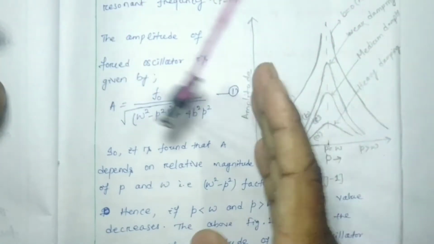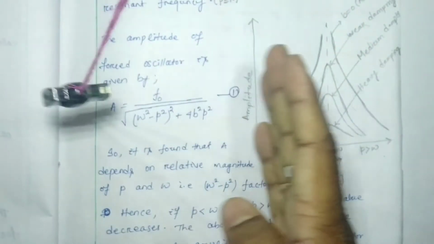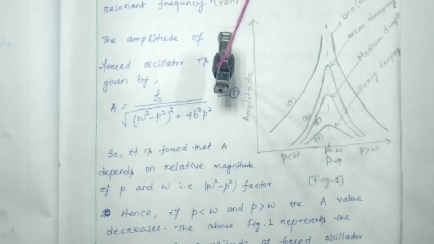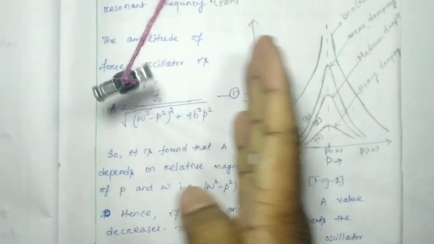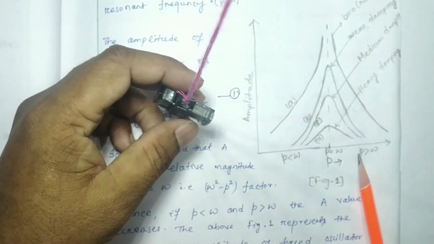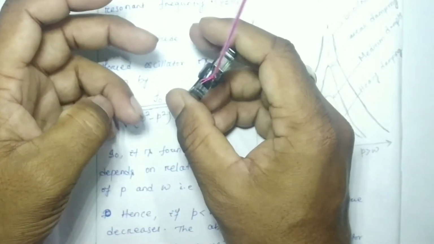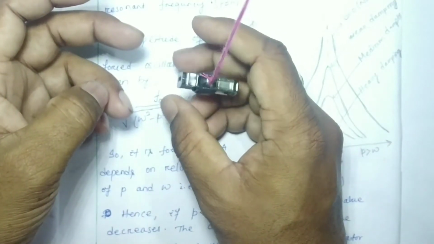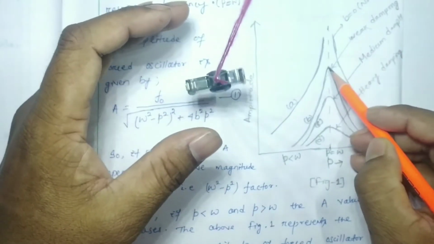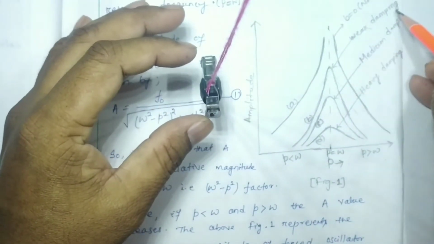At a particular frequency, it will give you resonance. Obviously, away from the resonant frequency, that means either p greater than omega or p less than omega, we are not going to get the maximum amplitude, but a lesser amplitude. First we have to consider the weak damping case.